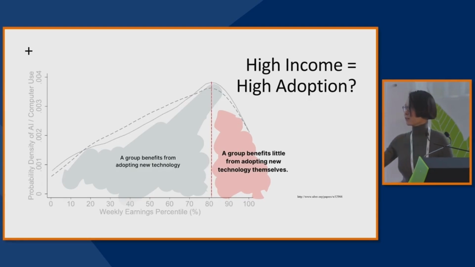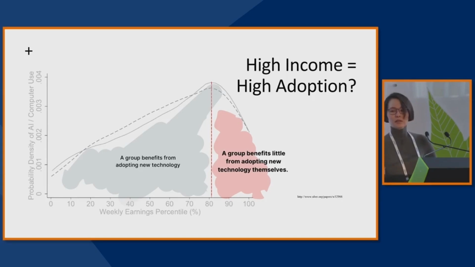80 percentile is equivalent to today's annual salary in the US of around 130,000 US dollars. So if you think about who are those people that earn higher than 130,000, I didn't make this up.